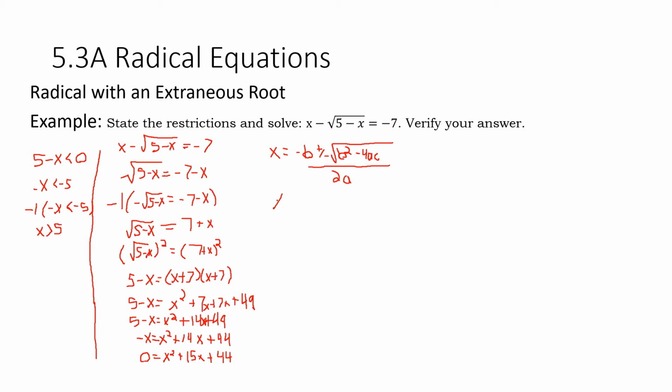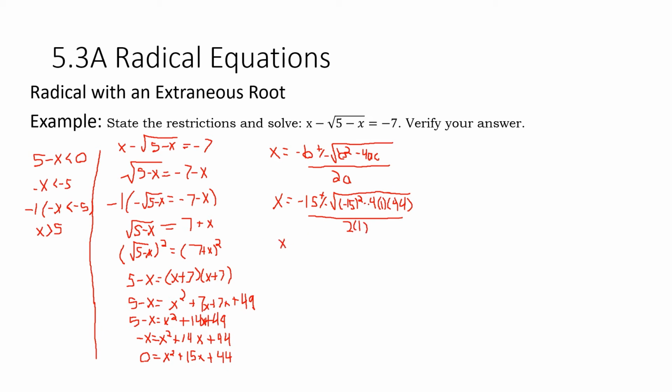Substitute in our values, and we'll get negative 15 plus minus square root of negative 15 squared minus 4 times 1 times 44 all over 2 times 1.